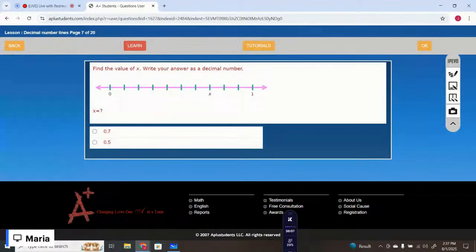Find the value of x. That is 0.7. Option number 1 is the correct option.